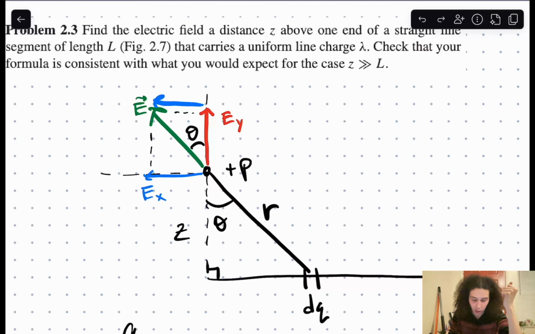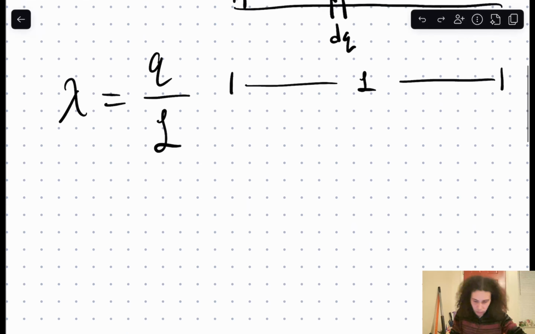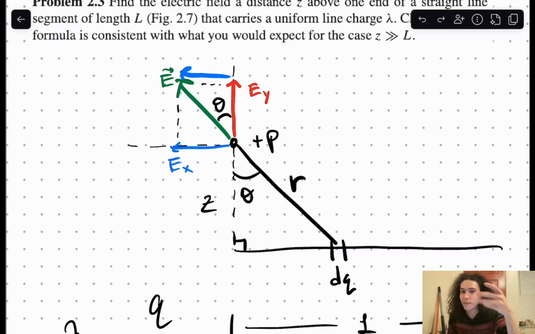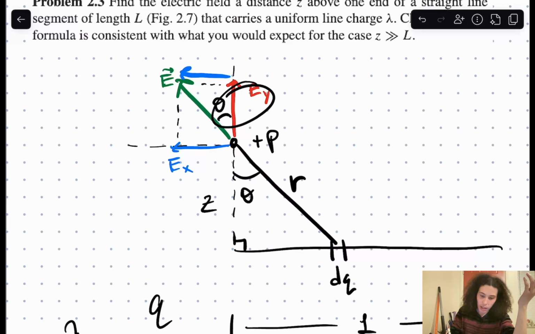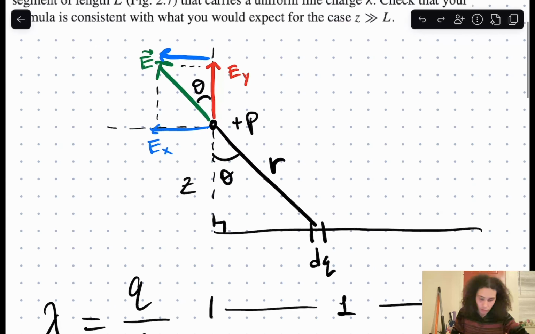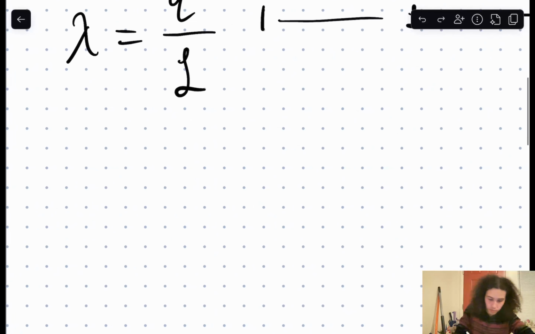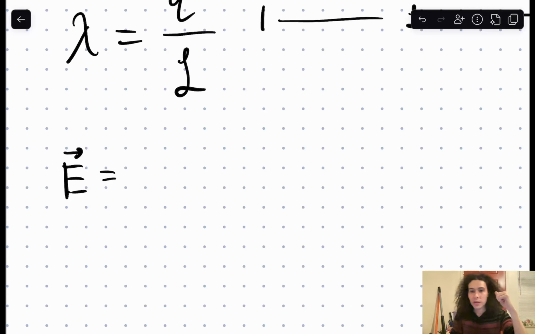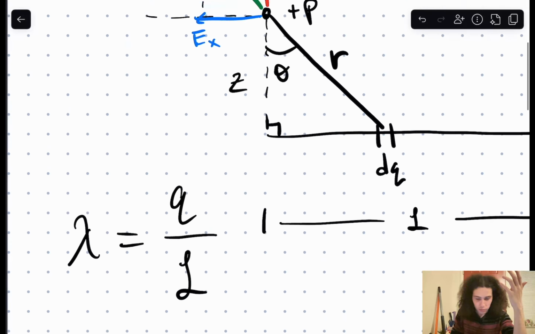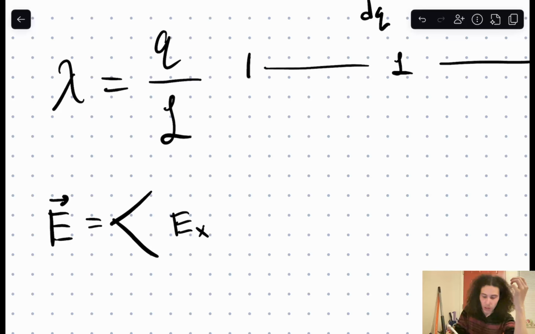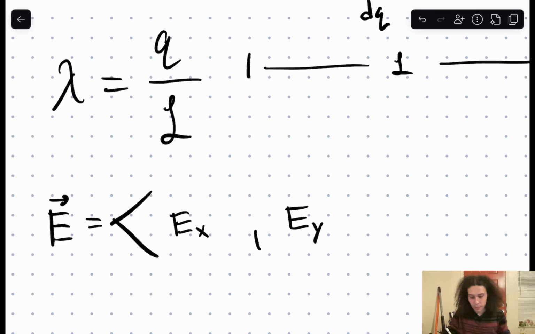So now we have to formulate the field itself as a vector with a y component and an x component. I pull out the vector notation: Ex, Ey. And we have to figure out what these are.